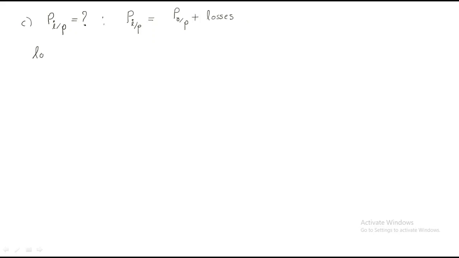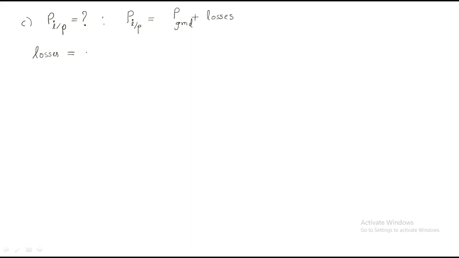First, write down the losses. We can write another thing: the gross mechanical power developed plus losses.